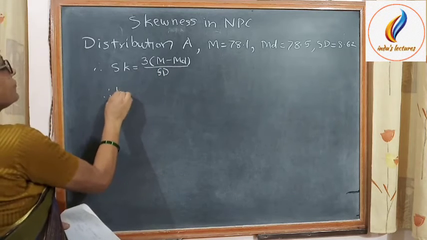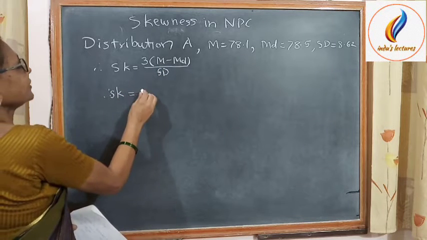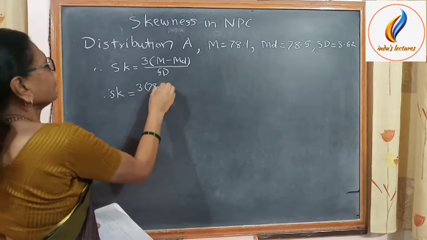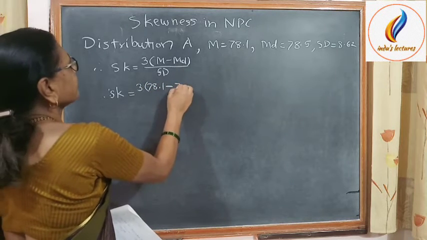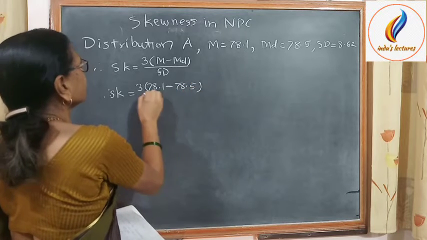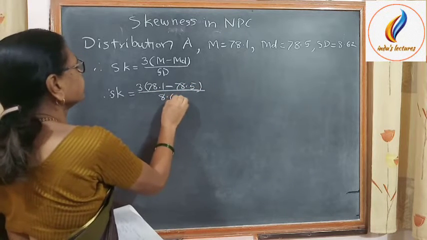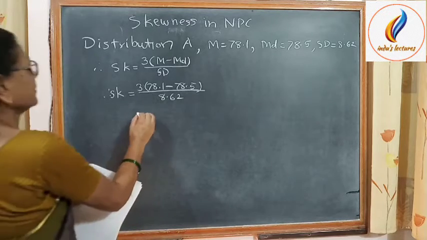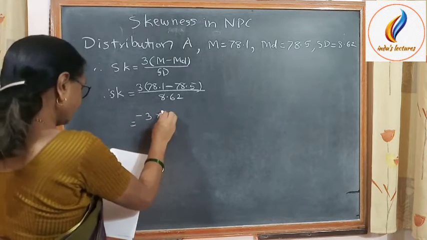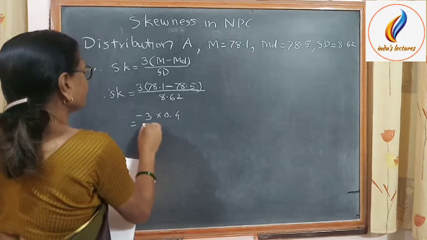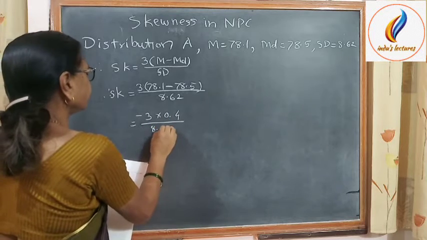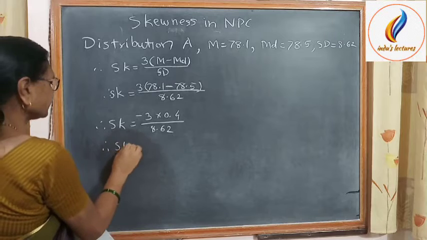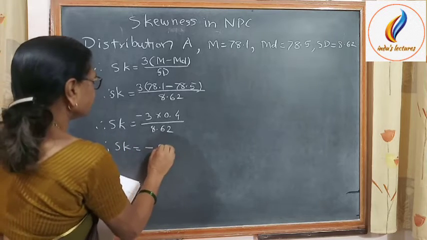Putting the values in the formula, we find Sk is equal to 3 into (78.1 minus 78.5) upon 8.62, and we will get minus 3 multiplied by 0.4 divided by 8.62, that means Sk is equal to minus 0.14.